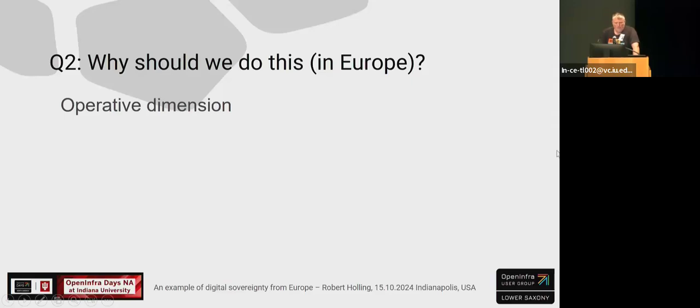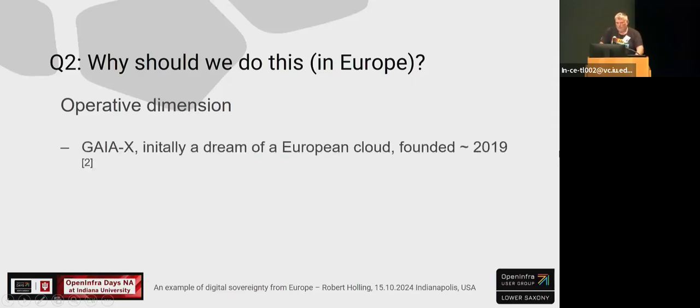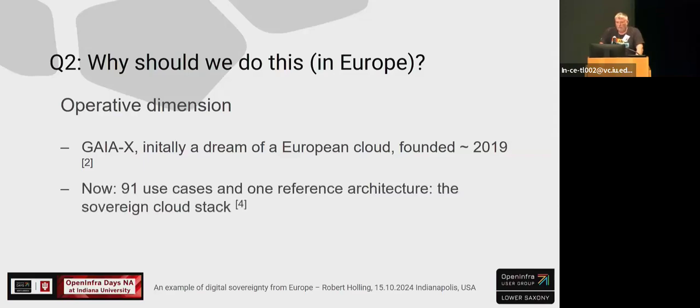Based on this need, Gaia-X, initially a dream of a European cloud, was founded and gradually developed, and now names 91 use cases and one reference architecture, the Sovereign Cloud Stack. So the efforts have so far resulted in theoretical constructs, hardly practical results. The only thing you can do now is the Sovereign Cloud Stack.